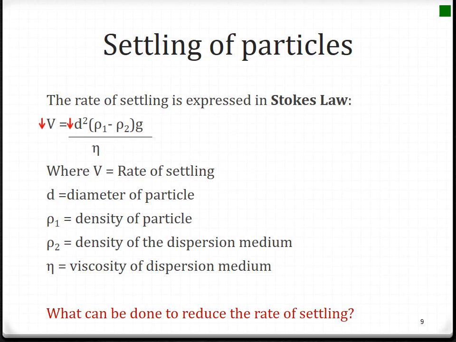Therefore, a slower rate of settling can be achieved by reducing particle size. The sedimentation rate is inversely related to the viscosity of the dispersion medium. Therefore, by increasing the viscosity of the dispersion medium, the rate of settling is reduced. Keep in mind though that a very high viscosity is not desirable either because it is difficult to pour and to redisperse.